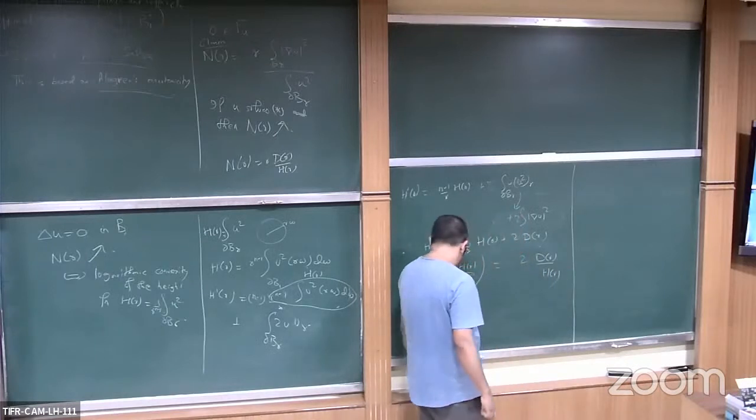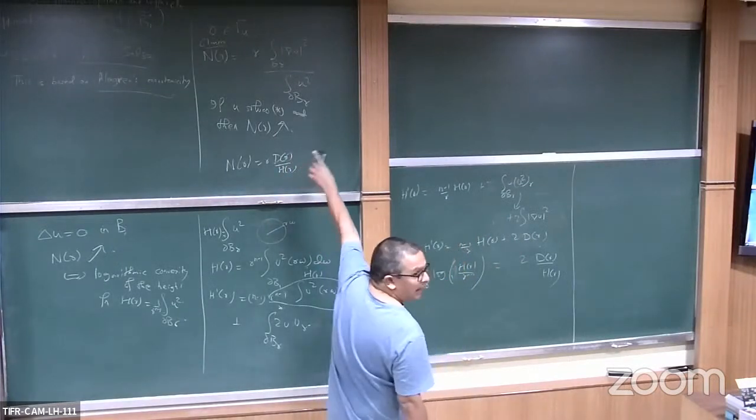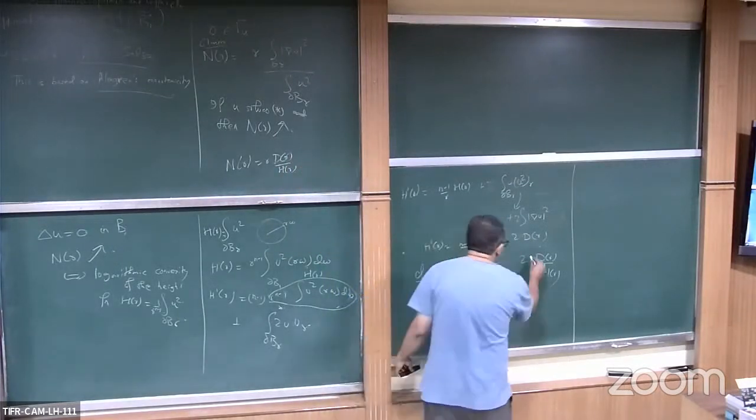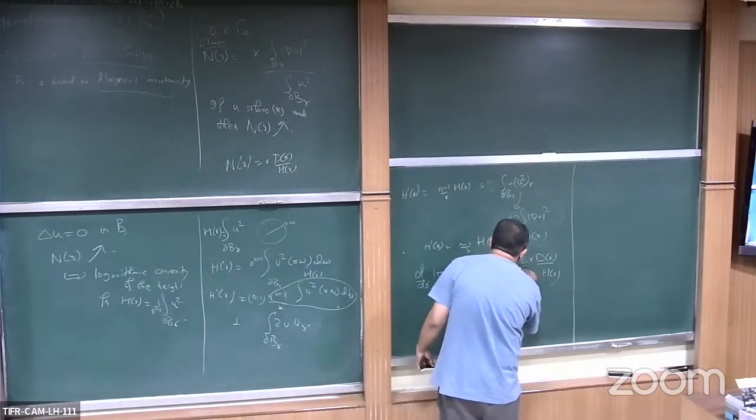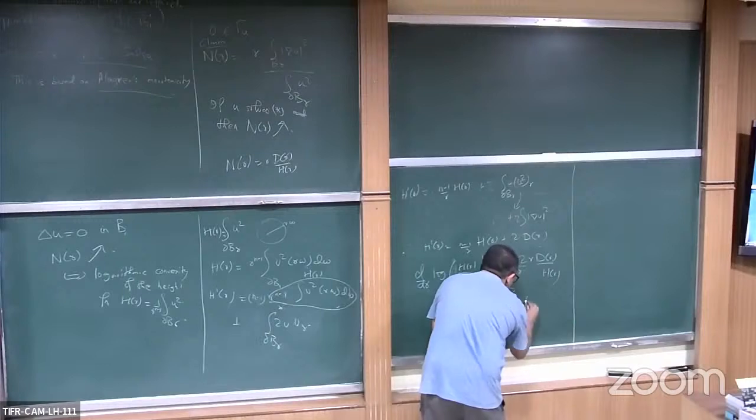But the n over there has the r up front, right? So I put an r and I divide by r, and this is nothing but 2 by r n of r.